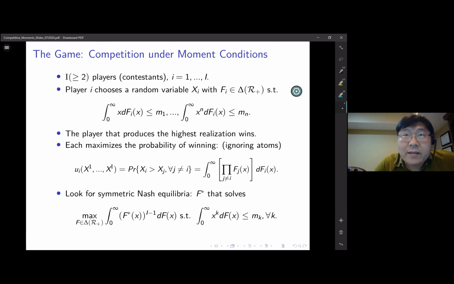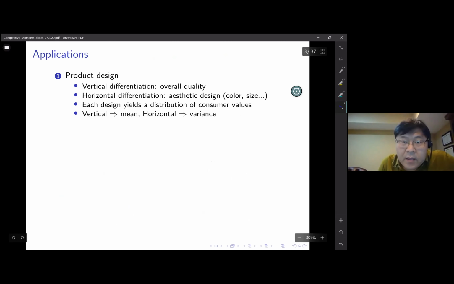And why? Here are some economic applications. In I/O, there's this classical distinction between vertical differentiation and horizontal differentiation. The vertical represents the overall quality which all consumers agree on, while horizontal captures the preference diversity.